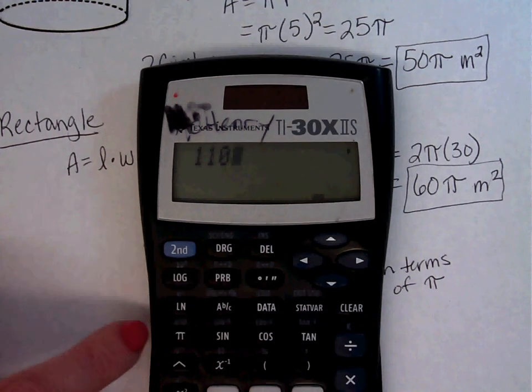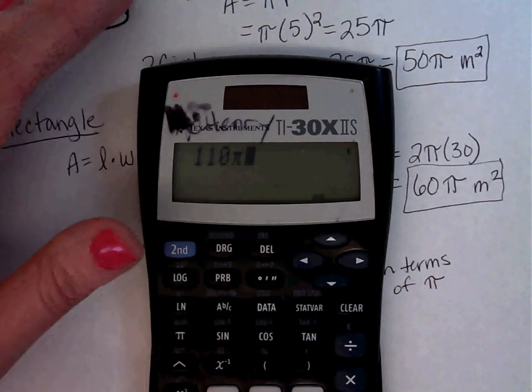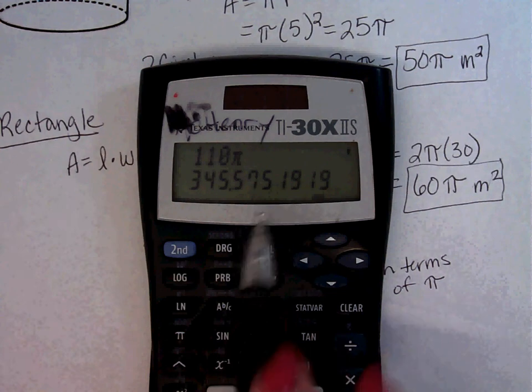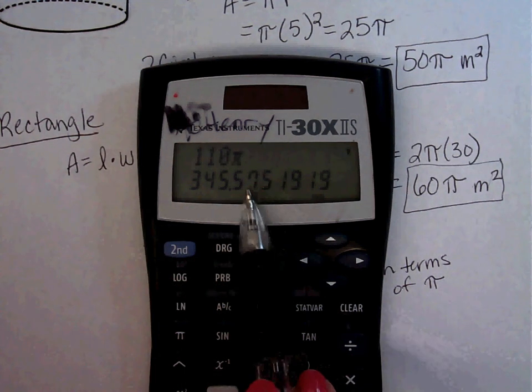Do you see that? So you're going to hit the pi button, and as you can see on your screen, you now have a pi in there, and when they're sitting side by side, that just means to multiply. Hit enter, and it's going to give you your decimal, 345.575. Well, that second 5 right there, that's going to make this 7 round up.